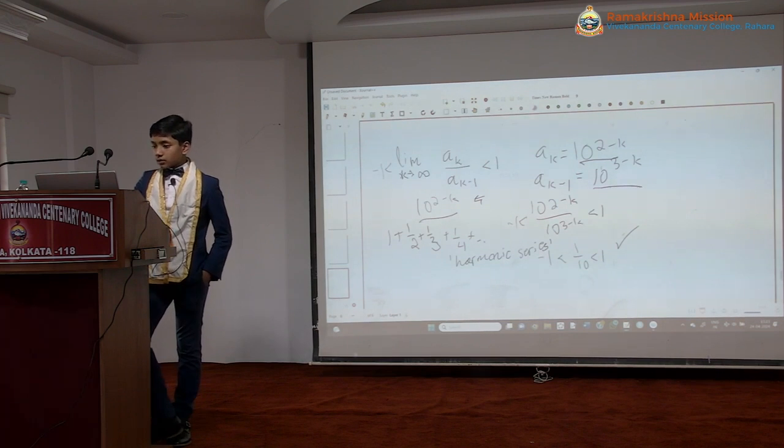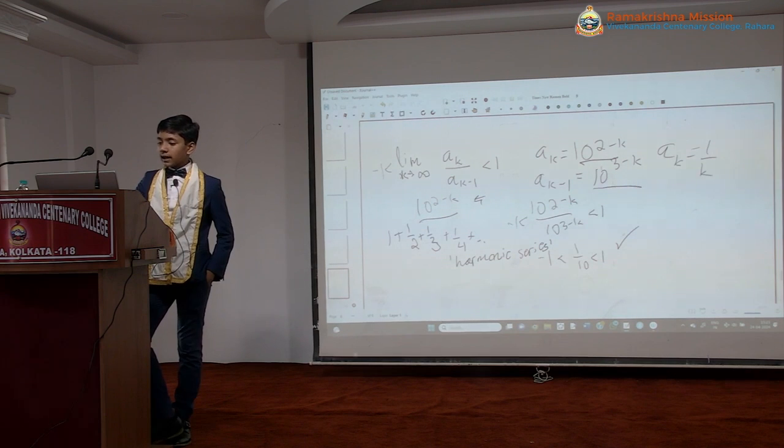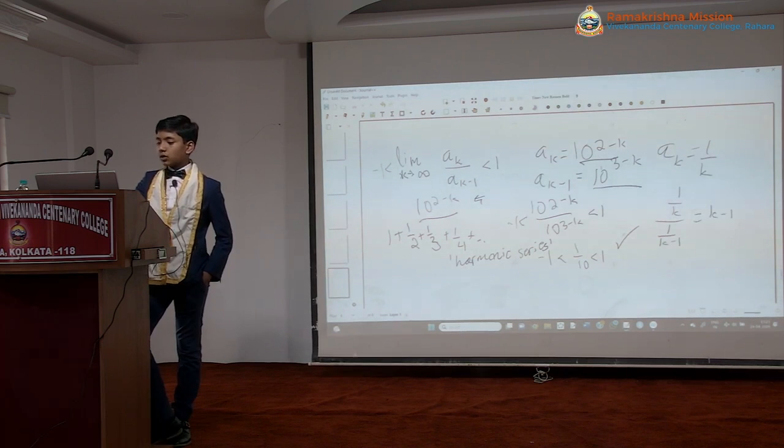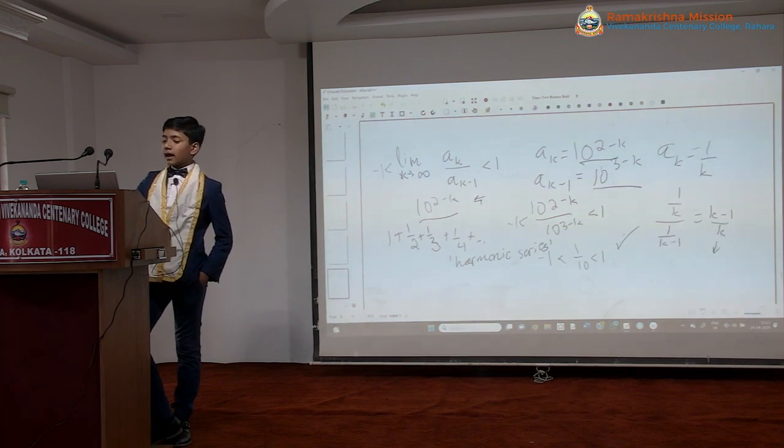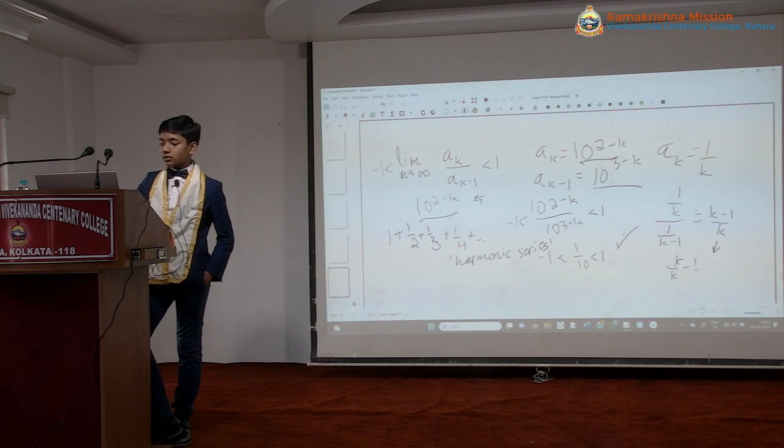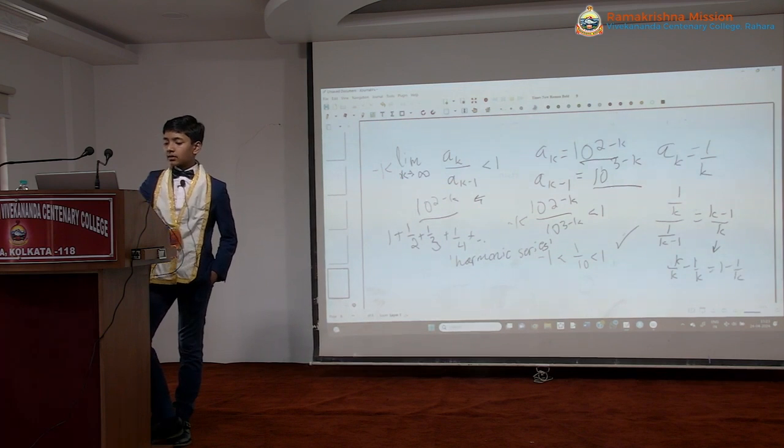I don't think it's necessary to show you that a of k equals 1 over k. So then, testing it out on the formula, we get 1 over k over 1 over k minus 1, which is equal to k minus 1 over k. But that is equal to k over k minus 1 over k, which is equal to 1 minus 1 over k.